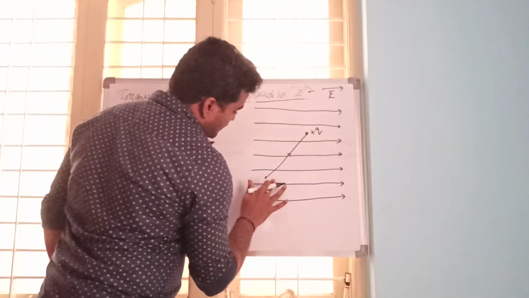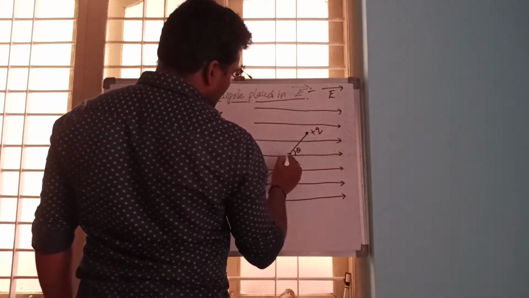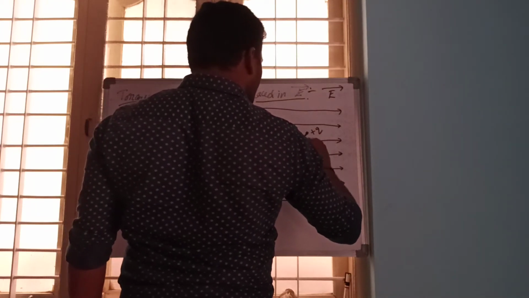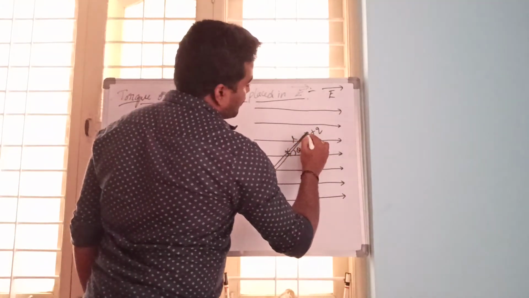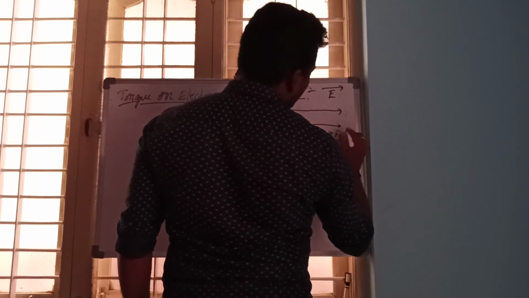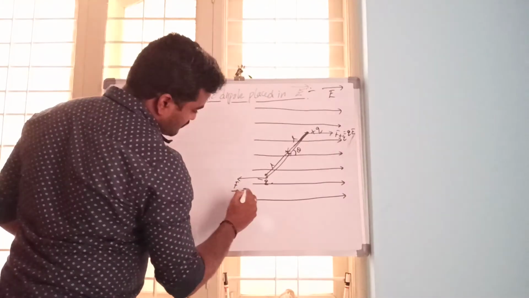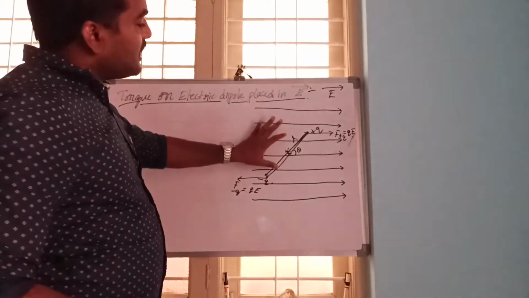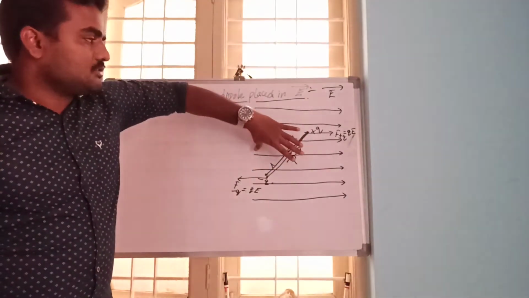So whenever I place the electric dipole in an electric field making an angle theta, and the length of the dipole is 2L, whenever the field is turned on, there exists some force on this charge, which equals QE, and here also there exists some force like this, minus QE, such that these two are in opposite directions, so that the electric dipole will get aligned in the direction of the electric field.